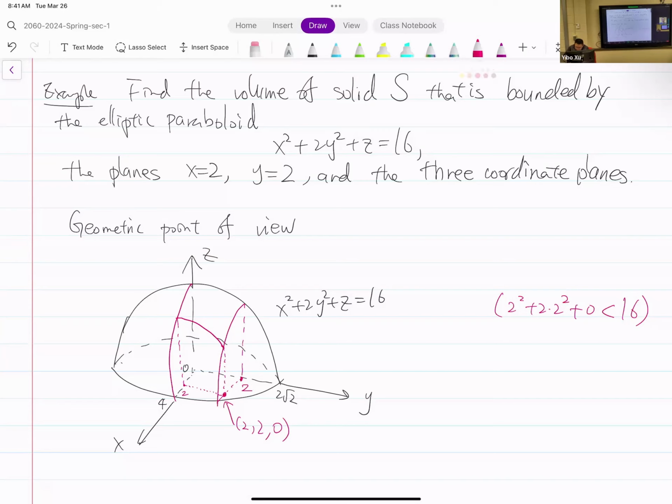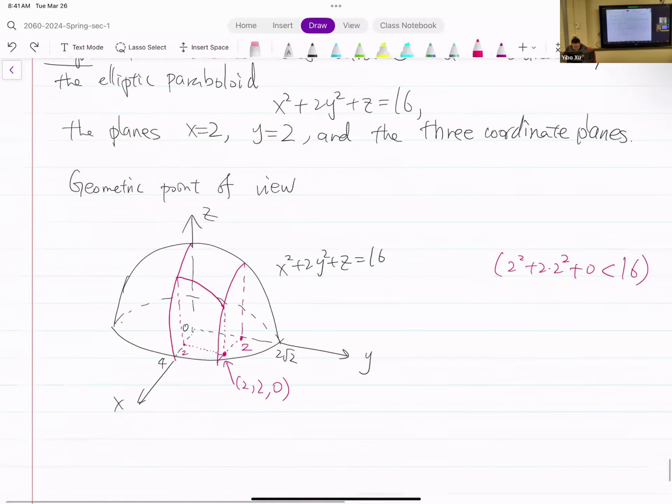Okay, so that tells you, okay, this solid exactly is what. So at the top we have the surface. Okay, so that's the elliptic paraboloid. But then the left hand side and right hand side are cut off by the vertical planes. The front and back are cut off by the vertical planes. And then the bottom is the horizontal plane, the xy plane, right?